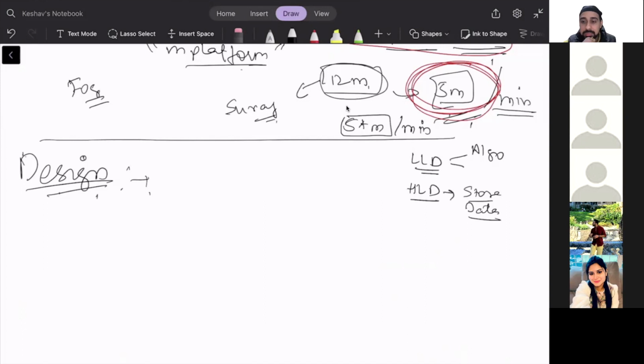Not only to store data, but also how the services interact with each other, and all the high level aspects. How are we relating all the things? Okay, let's start with HLD. Does everyone agree to it?